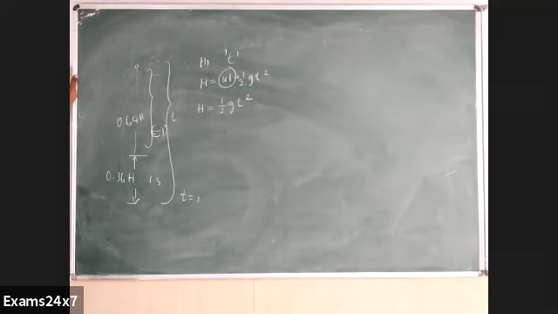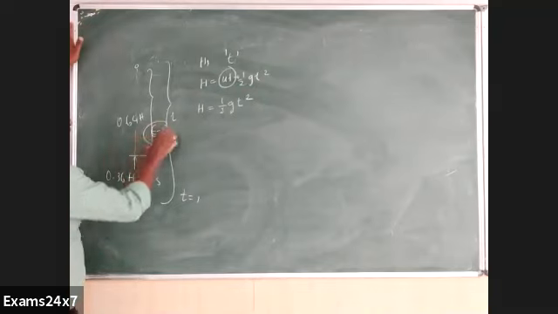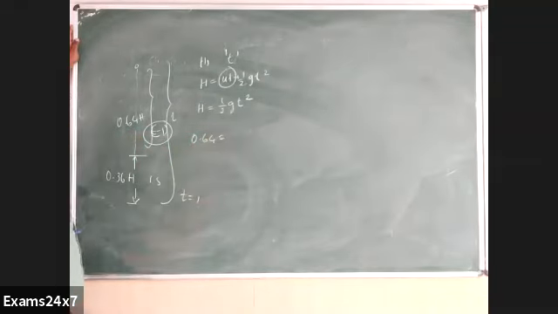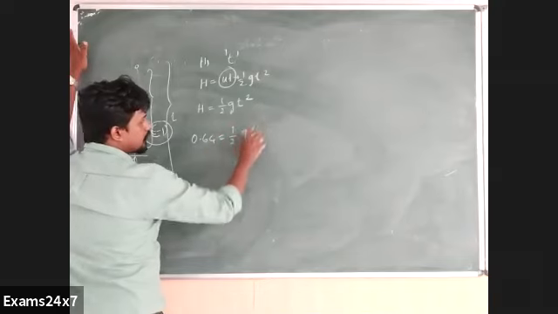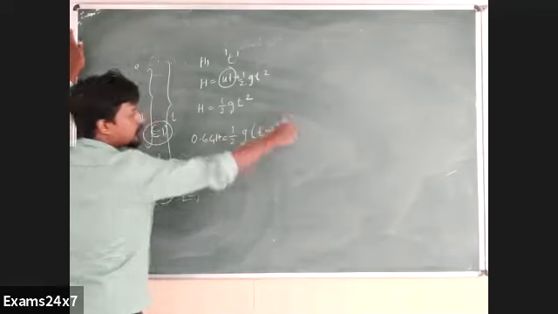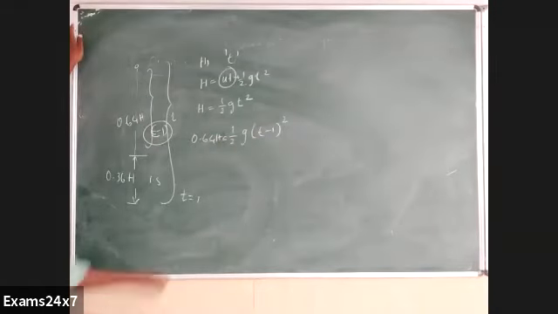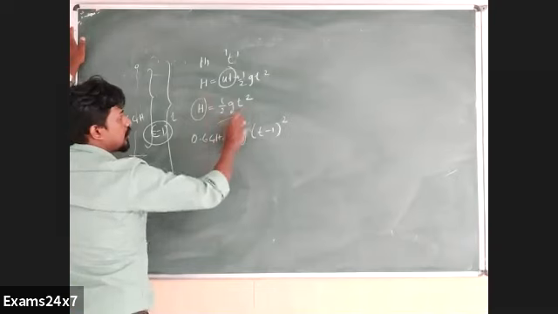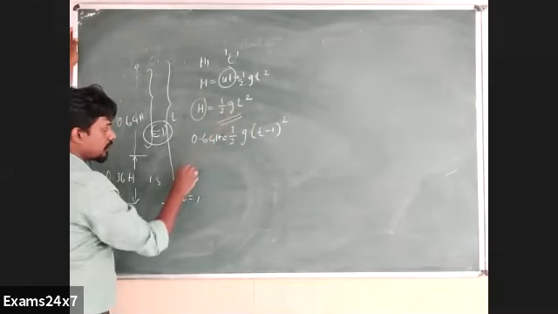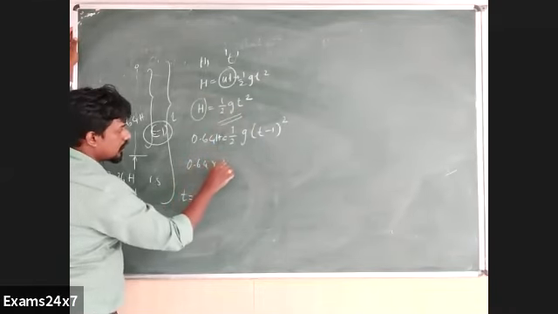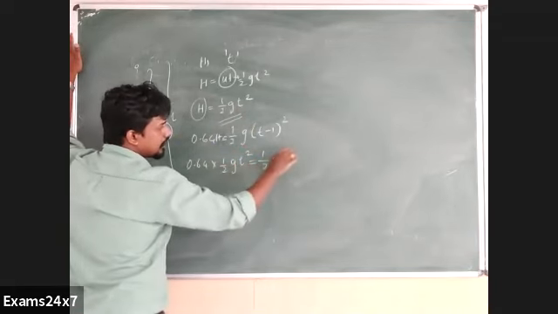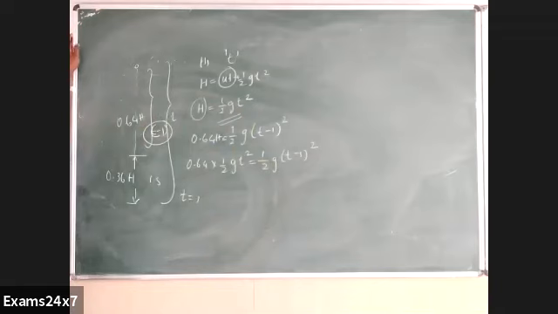Now we'll write this equation for t minus 1 second. 0.64 h is equal to half g t minus 1 whole square. For h, substitute half g t square. 0.64 into half g t square is equal to half g t minus 1 square.